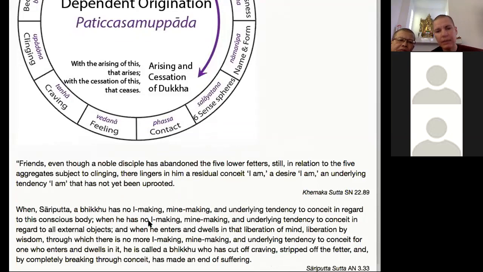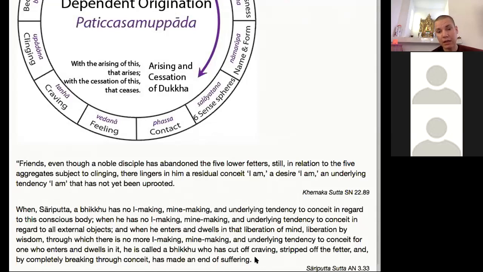when he has no I-making, mind-making, and underlying tendency to conceit in regard to all external objects, and when he enters and dwells in that liberation of mind, liberation by wisdom, through which there is no more I-making, mind-making, and underlying tendency to conceit, he is called a bhikkhu who has cut off craving, stripped off the fetter, and by completely breaking through conceit, has made an end of suffering.